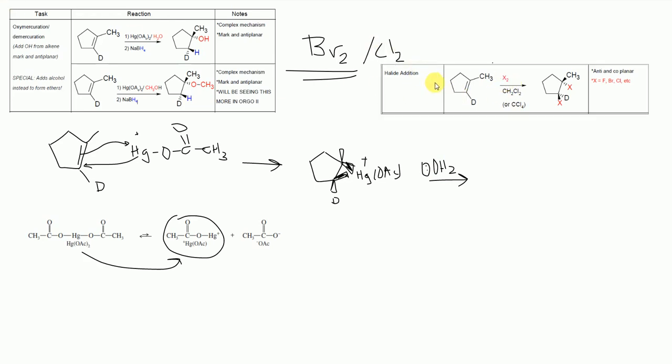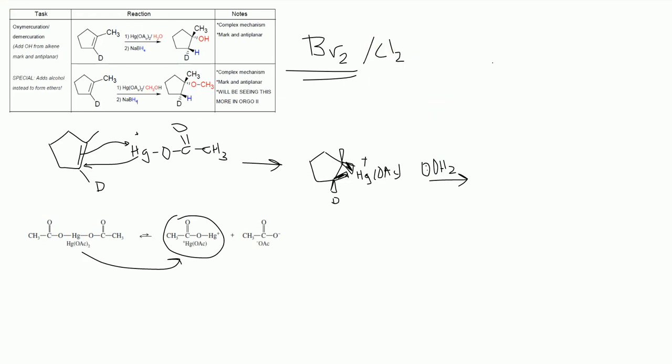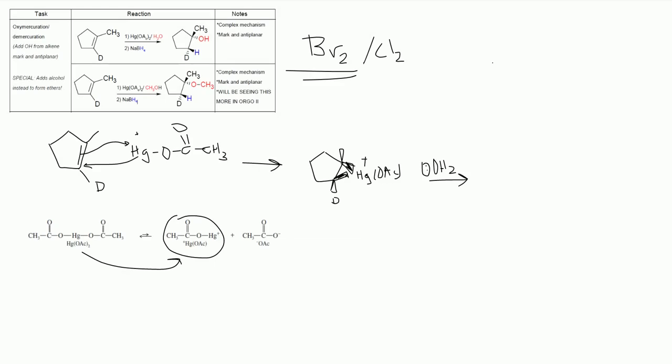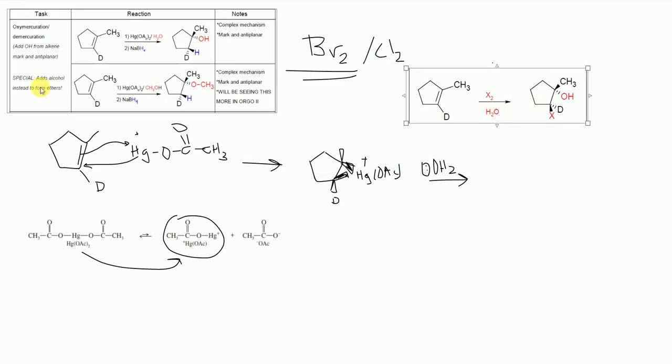Let me get rid of this one and bring this one up to show you, the reaction from before. The water is going to attack now instead of the Br or Cl; instead of this one attacking, we have the water attacking.